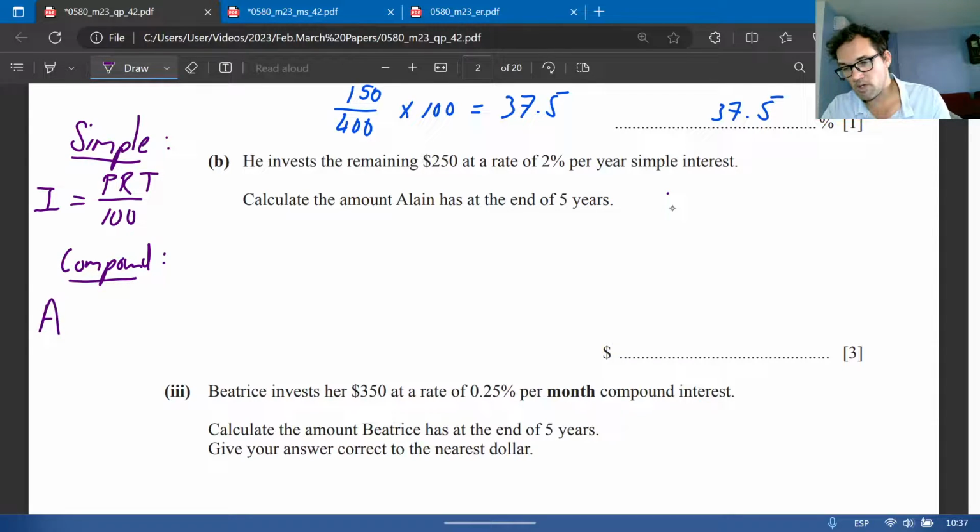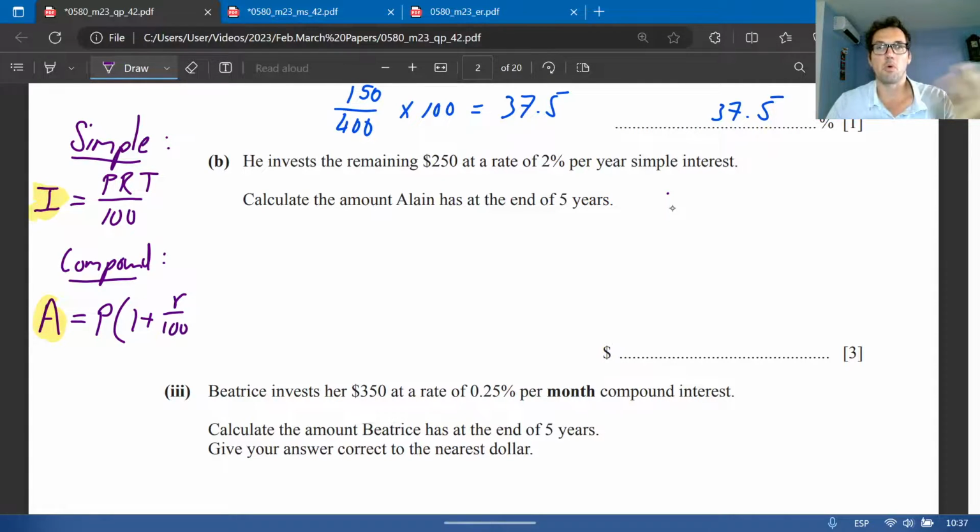Simple interest gives you the I, which is interest. Compound gives you the amount, which is the total amount of the money. Remember that. The P, the principal, is again the money you start off with. Then you get a multiplier, which is 1 plus the rate divided by 100. That just gives you a multiplier like 1 point something something to the power of the time.